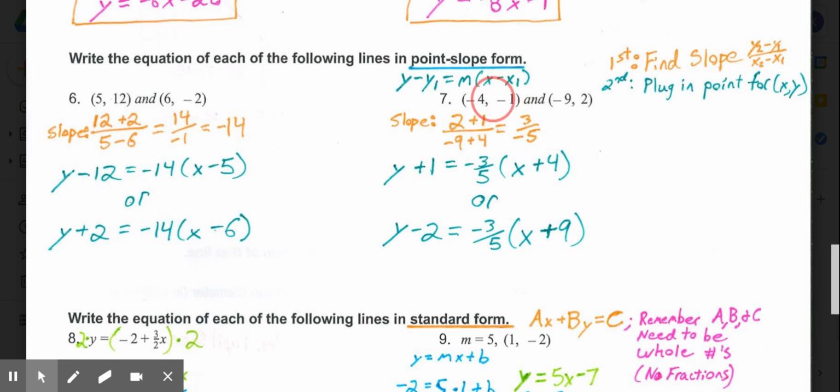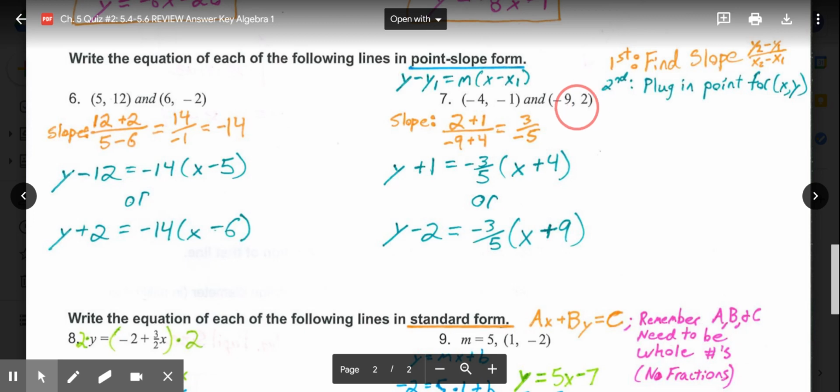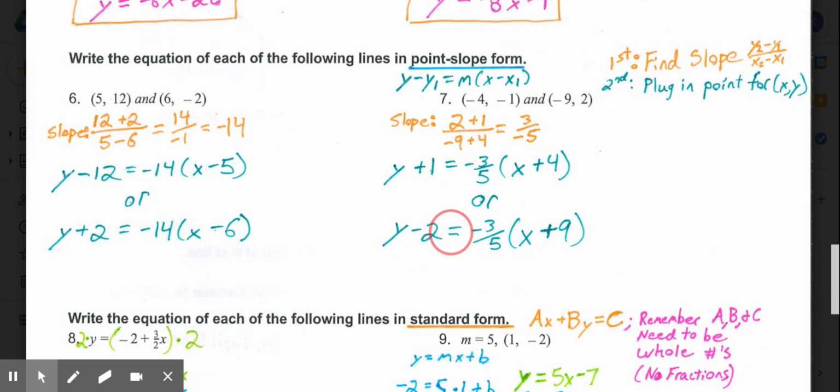So if we're using negative 4, negative 1, our equation is y plus 1 equals negative 3/5 times x plus 4. Or if we're using the negative 9, 2, we'd end up with y minus 2 equals negative 3/5, and in parentheses, x plus 9. You only need the top or the bottom one. Either one is correct.